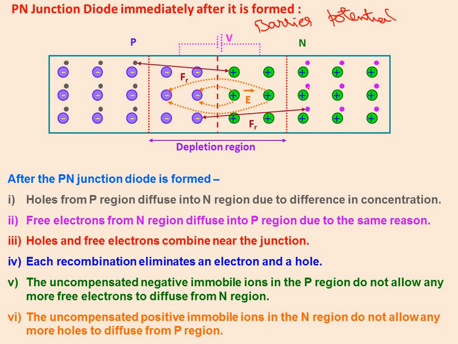Right. Now, if you consider this particular barrier potential, its value will be around 0.7 volt or 0.3 volts, it will be less than 1 volt, basing on the different kinds of the material you are taking. Like for silicon it will be 0.7 and for germanium it will be 0.3 volt. And you can also call this barrier potential as contact potential.